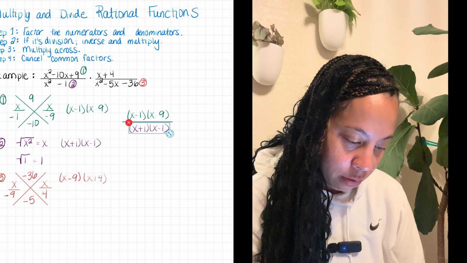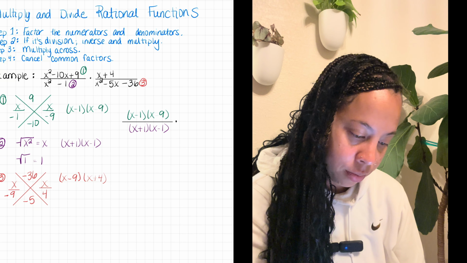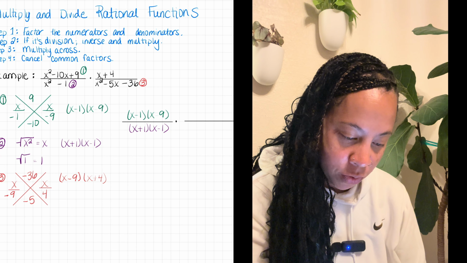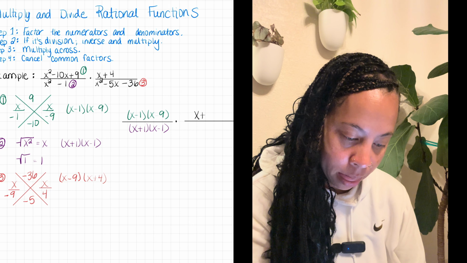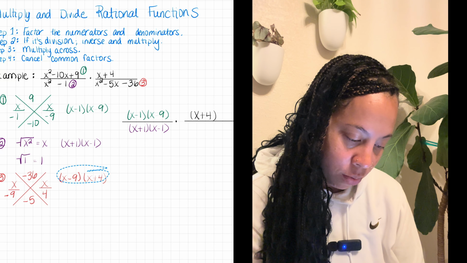And on this second fraction here, we have our x plus 4. I'll go ahead and put that in parentheses. And we have our red one here.